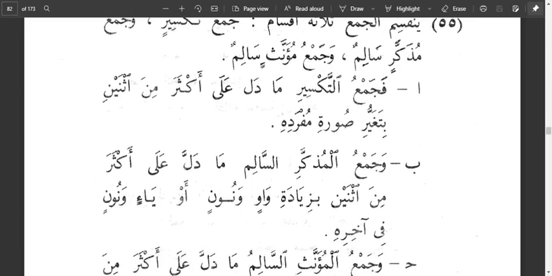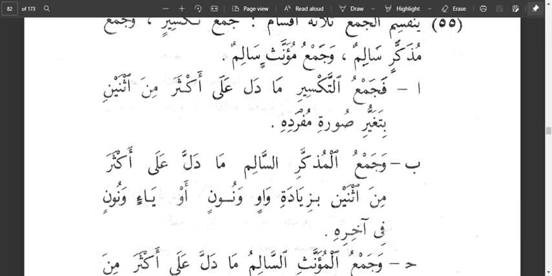وجمع مذكر سالم ما دل على أكثر من اثنين بزيادة واو ونون أو ياء ونون في آخره. But جمع مذكر سالم, the sound male plural, is the one that indicates plurality by adding waw and nun or ya and nun to the end of the singular word.